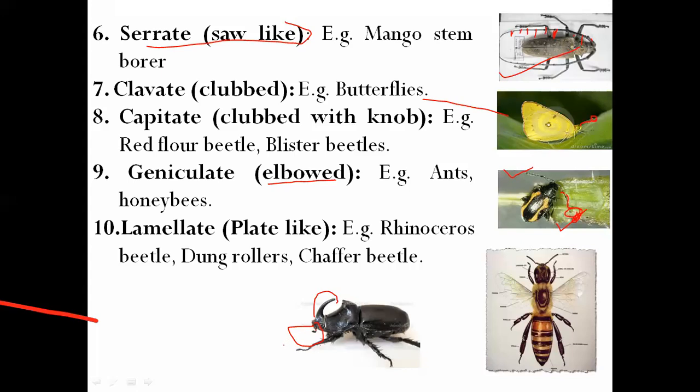The terminal segment, this one terminal segment at the tip, is enlarged on one side, and this lamellar type of antenna forms a flat plate-like structure. In this, the last part of the insect antenna, the tip, is enlarged on one side to form a flat plate-like structure. Examples are rhinoceros beetle, dung roller, chafer beetle, where this lamellar type of antenna is present. Okay, so this is the 10th type of insect antenna.